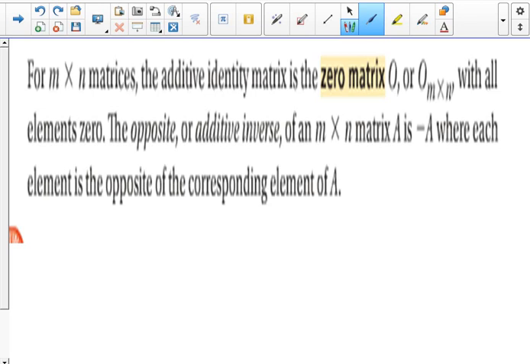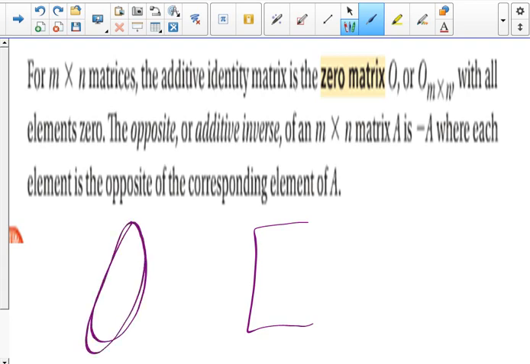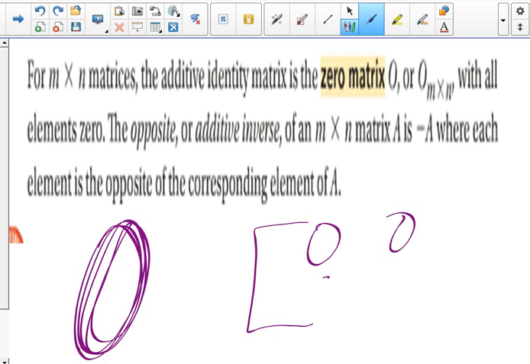For any matrix or matrices, the additive identity matrix is our zero matrix. A zero matrix is with the large slanted O. That means it is a zero matrix. It means it's full of zeros.